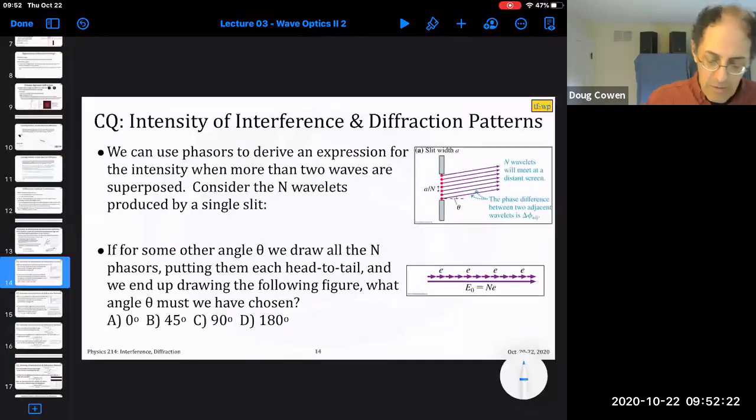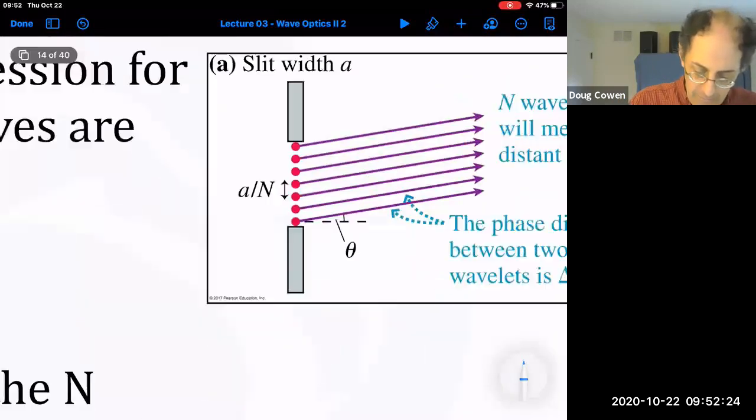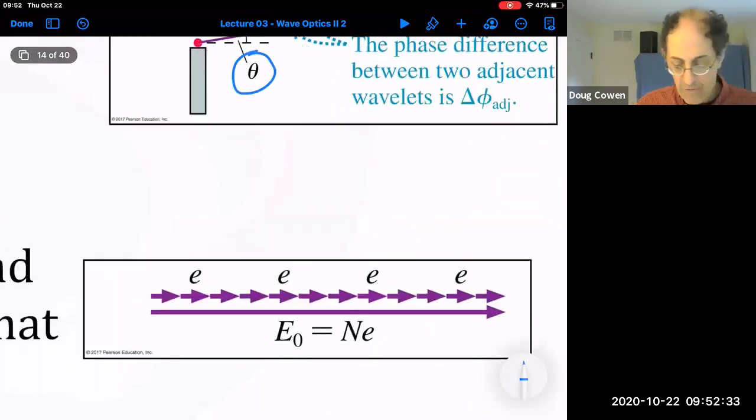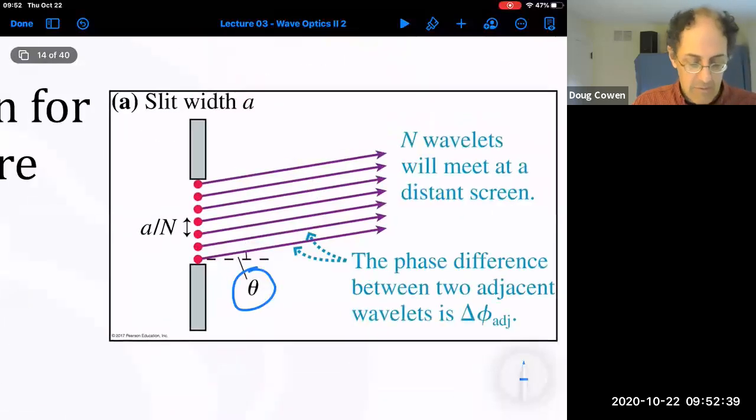What angle theta, that's this angle here, must we have chosen? So if we have a bunch of phasors drawn like this, what angle is implied for the light traveling through the diffraction grating?